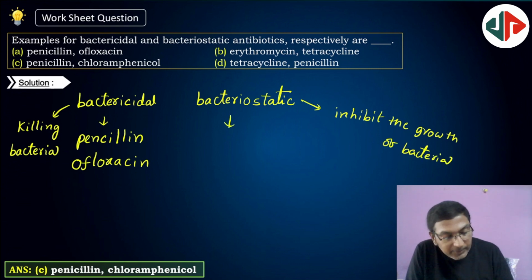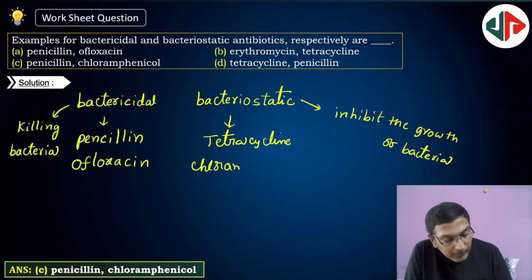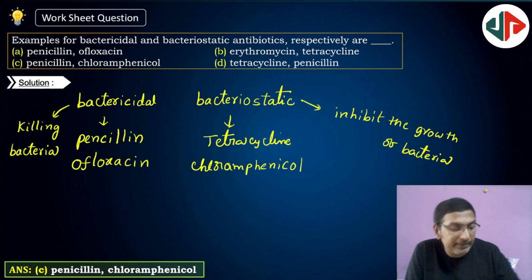So here examples are tetracycline and chloramphenicol. These are examples. So check here clearly: penicillin and chloramphenicol. Next.